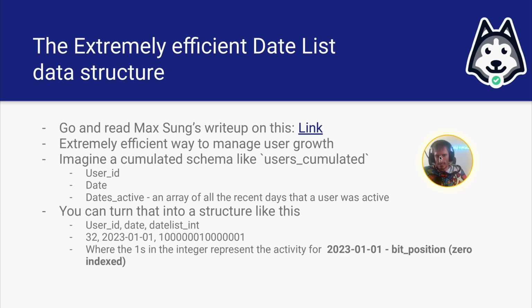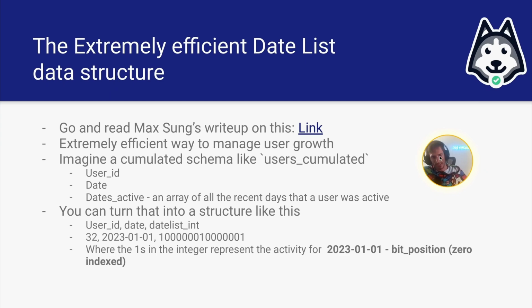And one of the things that is annoying about monthly, weekly, daily active users, especially monthly, is that if every day you needed to process whether this user is monthly active, you have to look at the last 30 days of facts and do a group by on them.